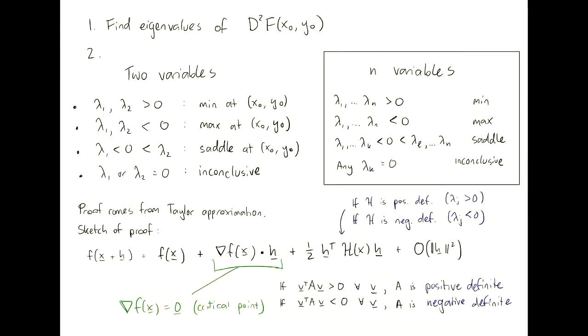Everything that's past it is smaller than the norm of h squared. So basically, as h goes to 0, these go to 0 faster than this, so they vanish. It's a way of talking about limits, but with a bit of extra information.